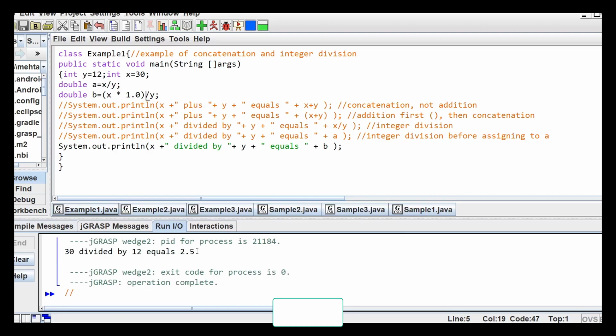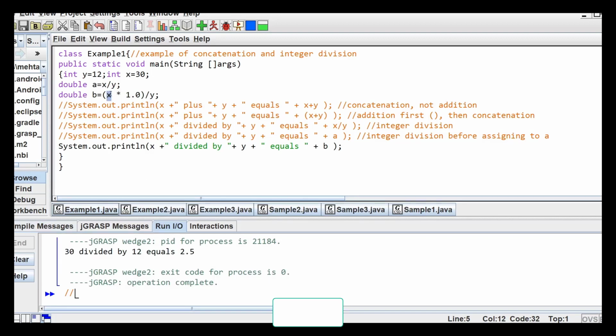This is an example of implicit casting. We cast X as a double. We didn't actually change the value of X. Internally, X is still 30. It is still an int.